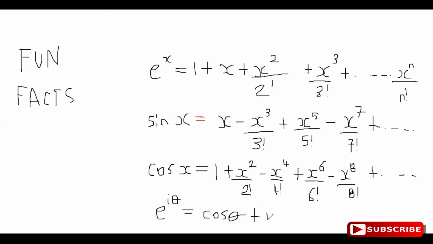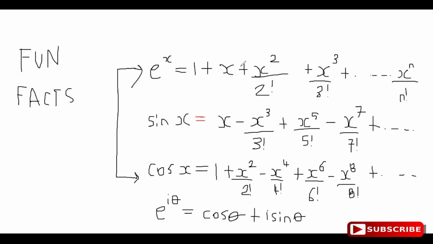I want you to prove this given those facts. This is how they link the complex number from exponential form to polar form. It's by following Taylor series or Maclaurin series. So I want you to use these principles to show that e to the i theta is equal to cosine theta plus i sine theta.